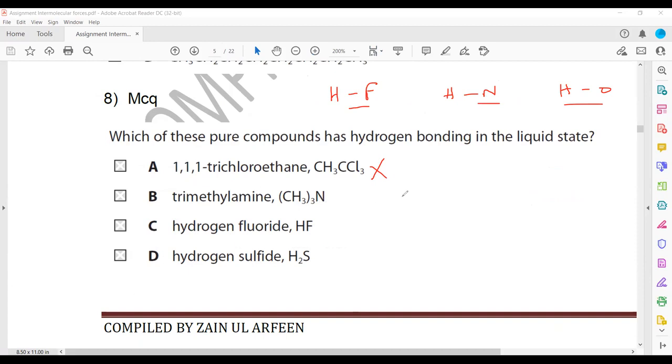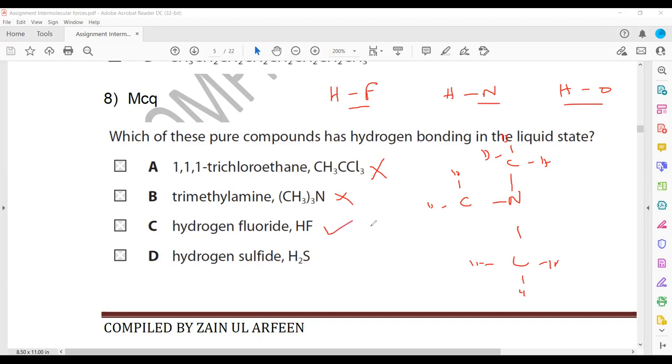Here, if you draw the structure, nitrogen is bonded with carbon, not hydrogen, because to form a hydrogen bond nitrogen should be connected with hydrogen directly, but here it's indirect. Nitrogen is connected with carbon, so that is why it is wrong.